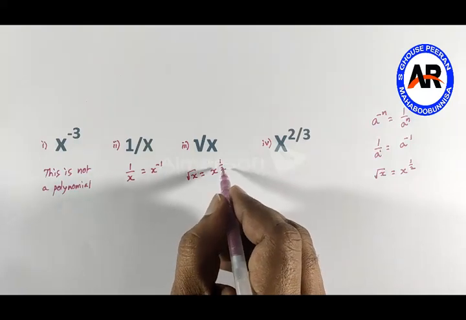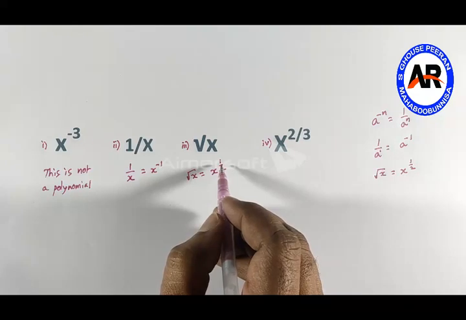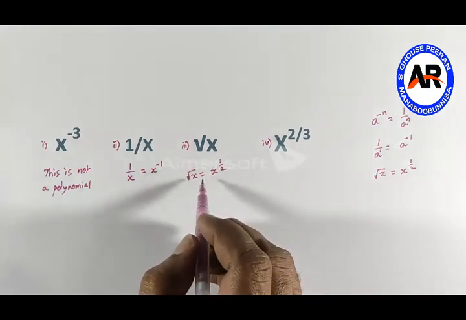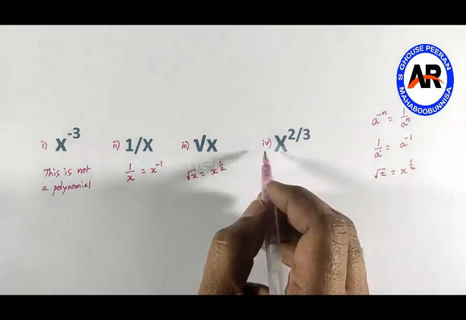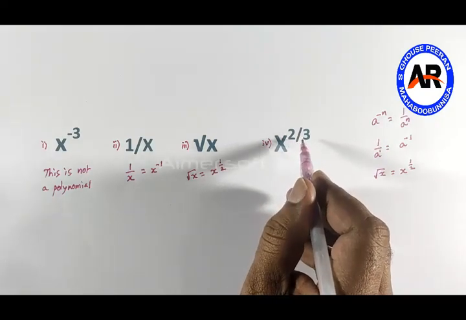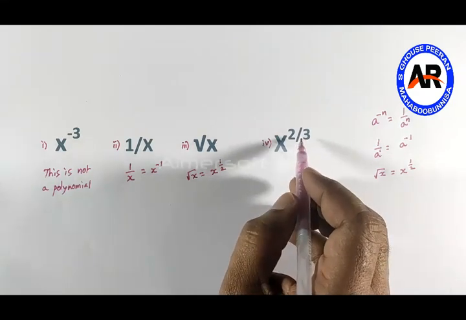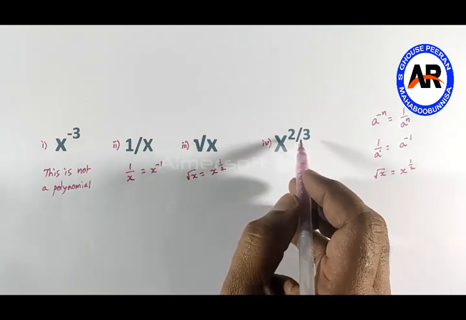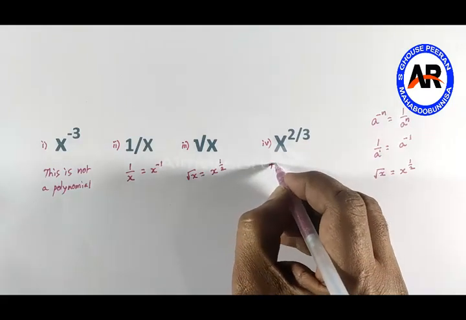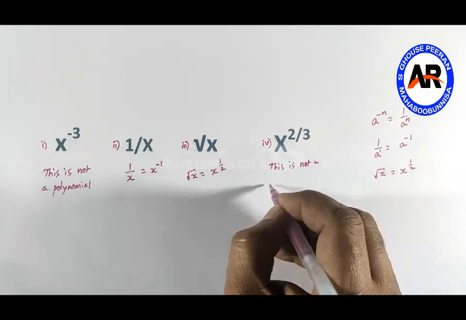If you find negative numbers or rational numbers as exponents, you can say that this is not a polynomial. Fourth one, x power 2 by 3. The exponent is a rational number. Again, we have got the rational number in exponent's place. So, you can say that this is not a polynomial.